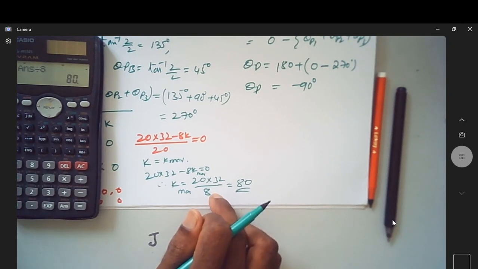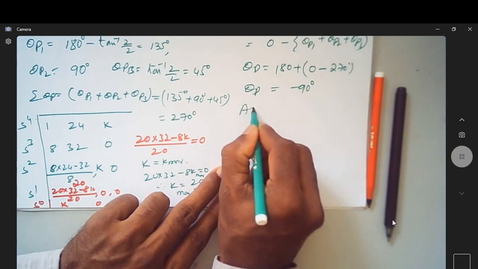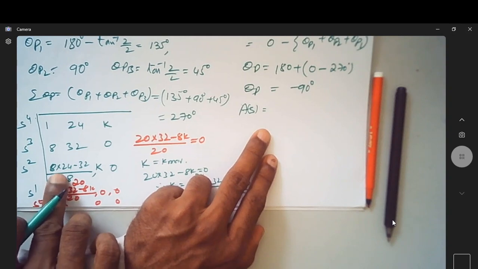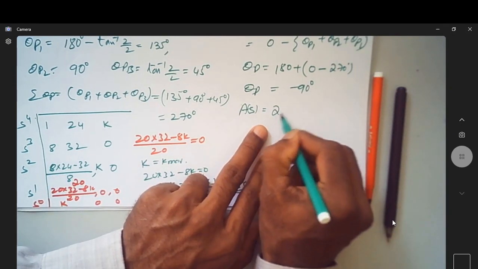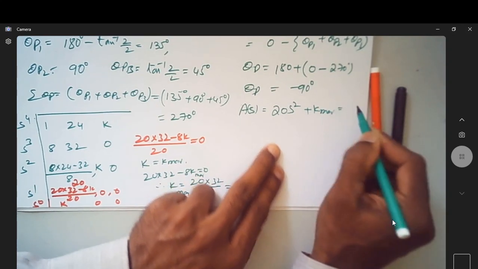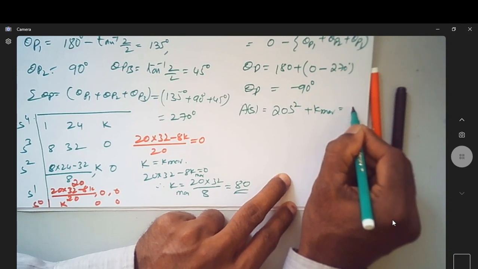So when k marginal is 80, do we know what is A of s, the auxiliary equation? I can find the auxiliary equation, which is 20s square plus k marginal equal to 0.